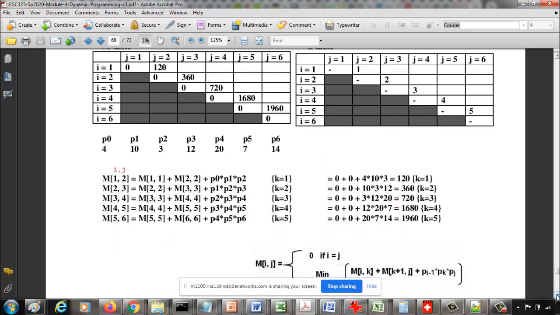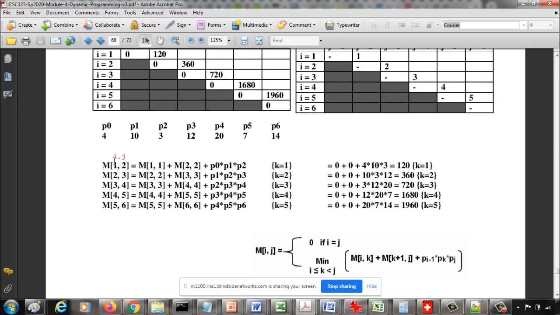According to our recurrence, for M of i comma j where i is 1 and j is 2, K can be only 1 value, and in this case K is 1. So it is M of 1 comma 1, plus M of k plus 1 comma j, so M of 2 comma 2, plus Pi minus 1 times Pk times Pj. So i is 1, so it's P0 times P1, since k is 1, and then P2 for j.